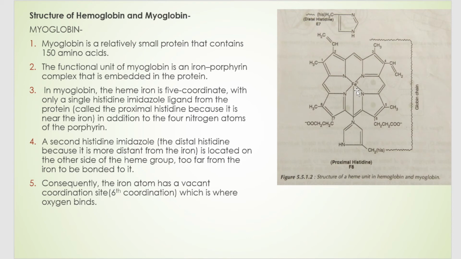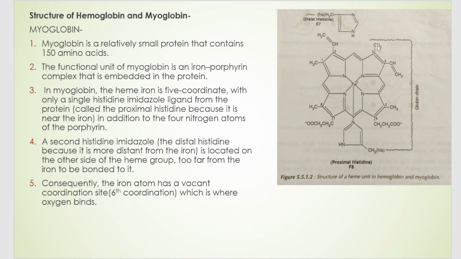Iron in +2 state is present as a central metal atom. The four coordinations of the iron are satisfied by the nitrogen of this porphyrin ring. And the fifth coordination is satisfied by the imidazole, which acts as a proximal histidine because it is present closer to this central metal atom.